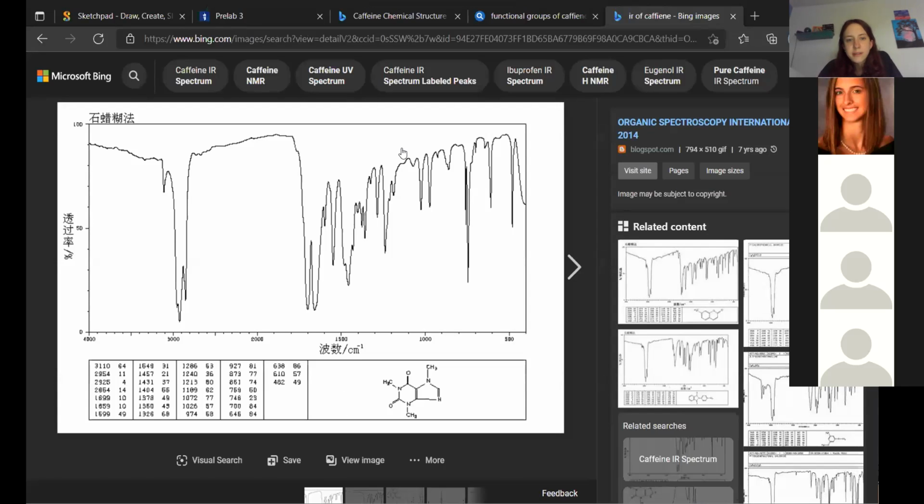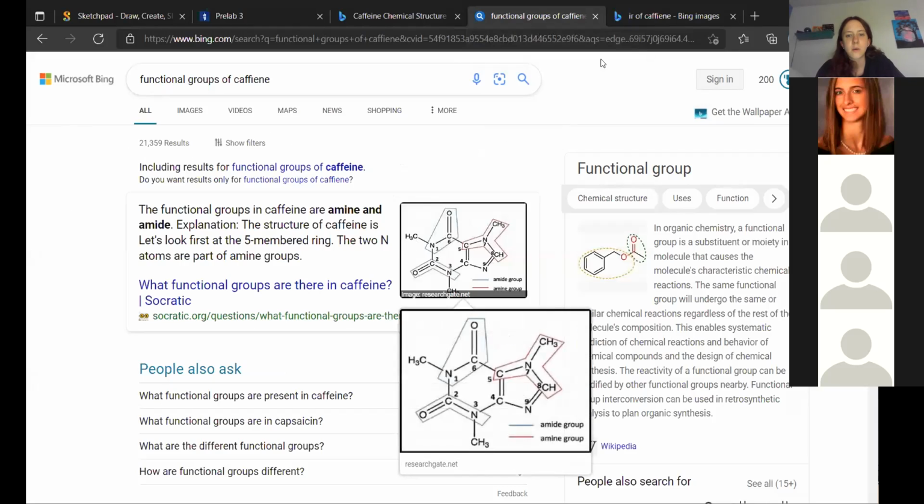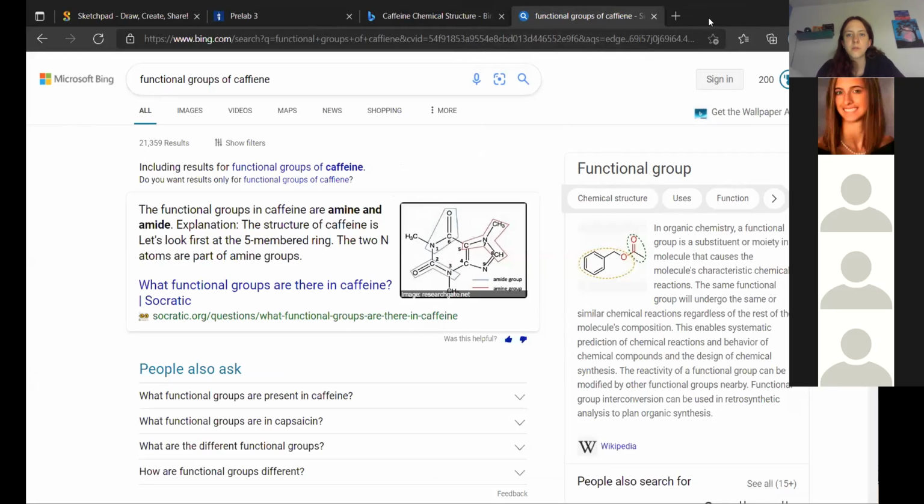Again, this is hard because you guys haven't learned about this yet, but each of these different functional groups, like there's an amine and there's an amide, has different absorbance levels, which means there's going to be different peaks wherever there's an amine or an amide. If a molecule doesn't have an amine or an amide, it's not going to have peaks where those functional group absorbances are listed. So we're just going to do it based off of these two examples, amine and amide.